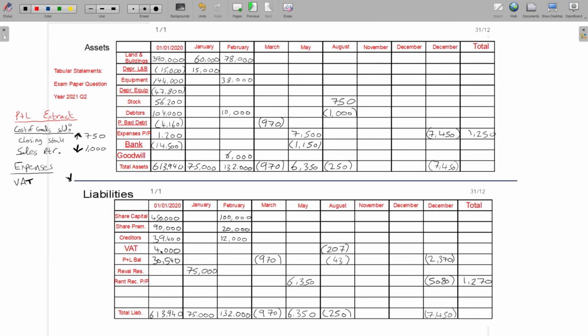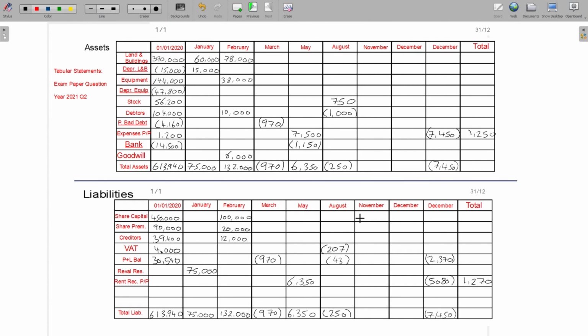So it's going to decrease whatever our VAT figure is. Let's say, for example, it was 4,000. Now it's only 3,793. So that's going to go down 207. And if you add all them together, you end up getting 43. So that's how it affects the P&L account. So that's how we show it.